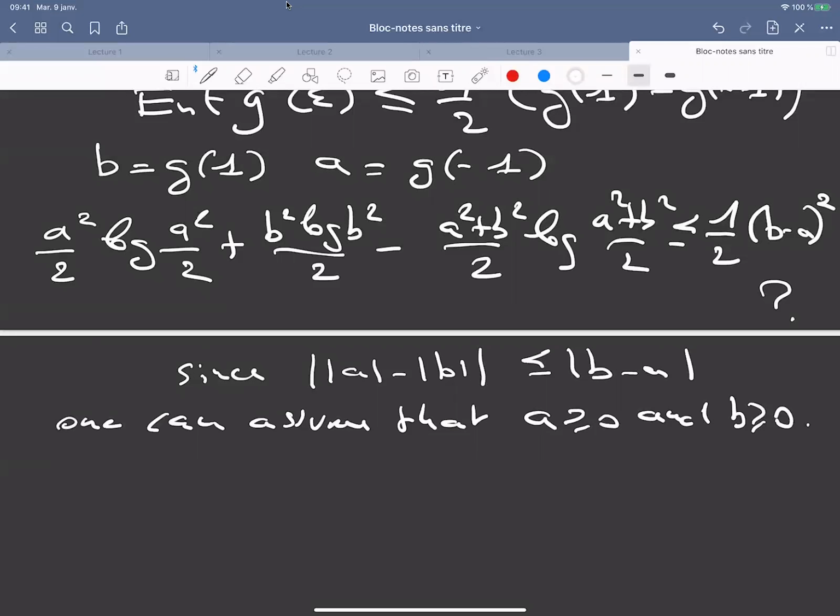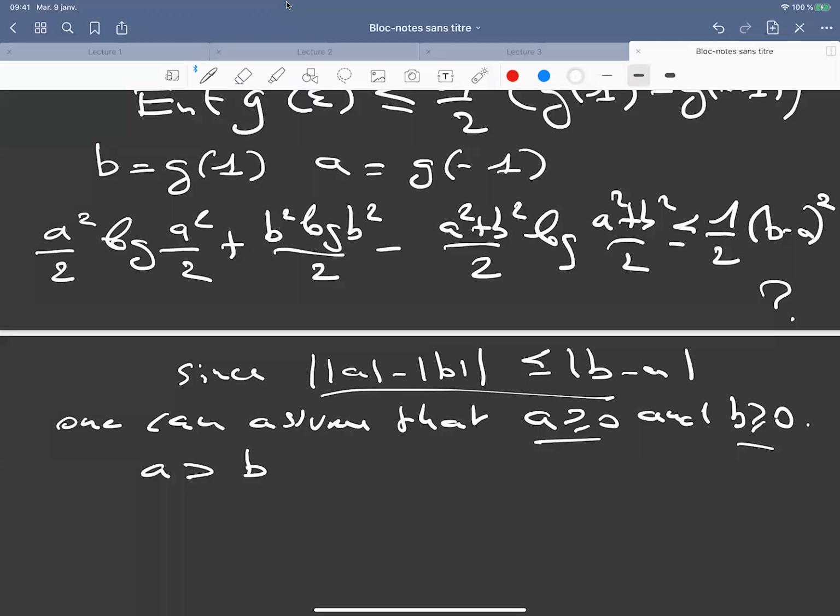If you get the result for non-negative values, you apply it to the absolute values of the quantities, and you conclude because of this relationship. The left-hand side is not sensitive to the sign, and the right-hand side is sensitive, but you use this in order to conclude. So now we are working with non-negative values, and we may assume by symmetry that one of them is larger than the other.